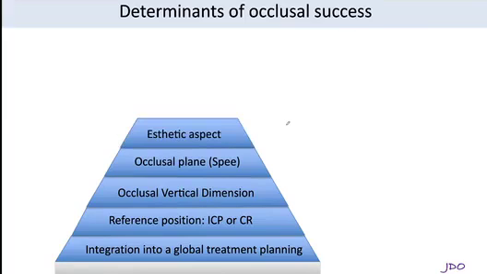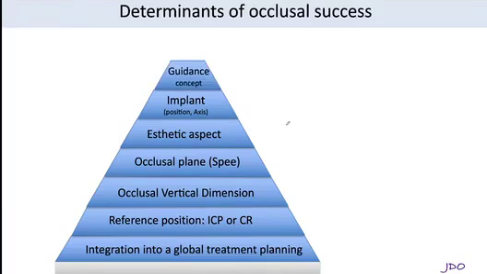The aesthetic aspect, the position of the implants, more or less buccal, more or less inclined in front of the support clasp antagonist, the guidance concept for the next chapter of this presentation, and the last point is only ICP contact.